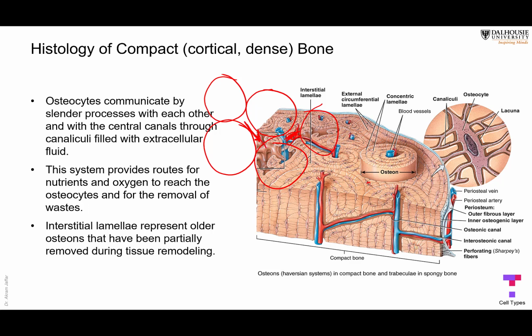So you can see there's bone here, there's bone there, but these are not in the form of osteons. We call them interstitial lamellae. The interstitial lamellae just fill the spaces between the osteons, and they probably represent old osteons that have been destroyed, and now they are replaced by new osteons.